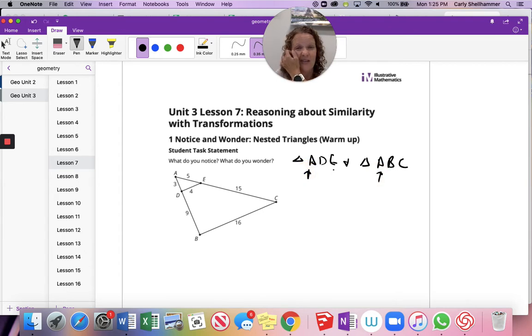I noticed that when I look at it, and when I write them down, I can say that the triangles are similar because the sides, excuse me, are proportional.